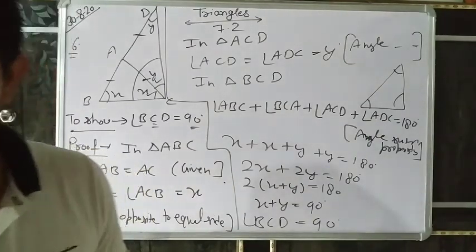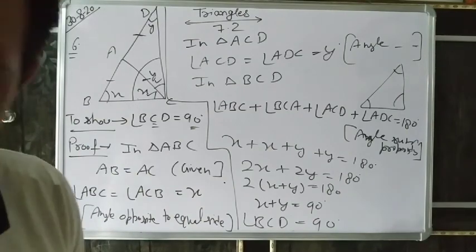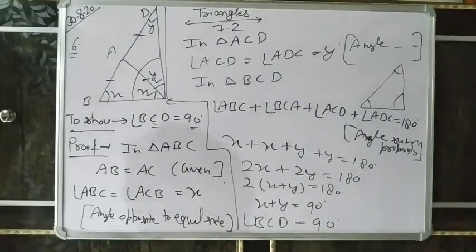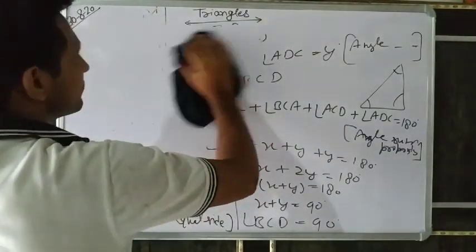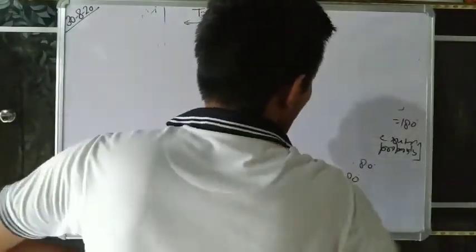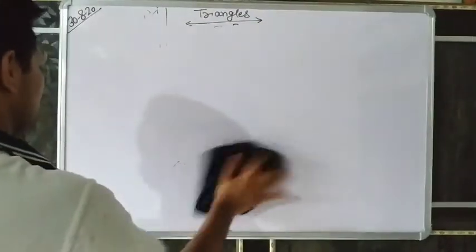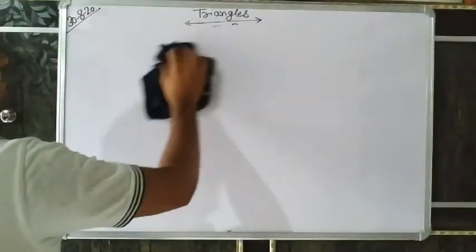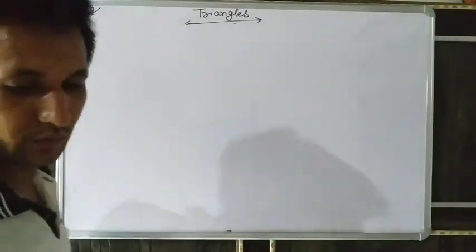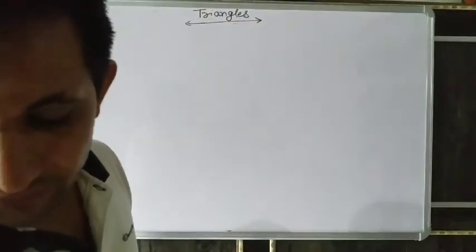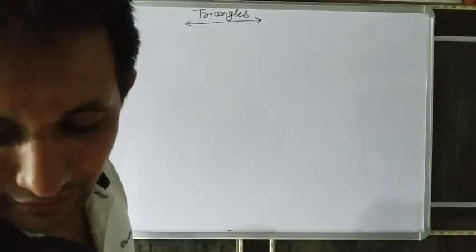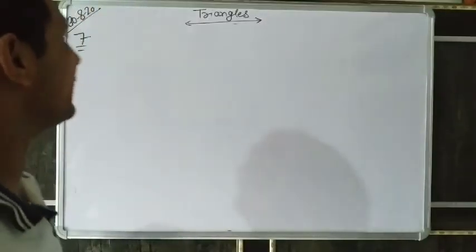Now the next question, the seventh question, we will do. Seventh: ABC is a right angle triangle in which angle A is 90 degrees.